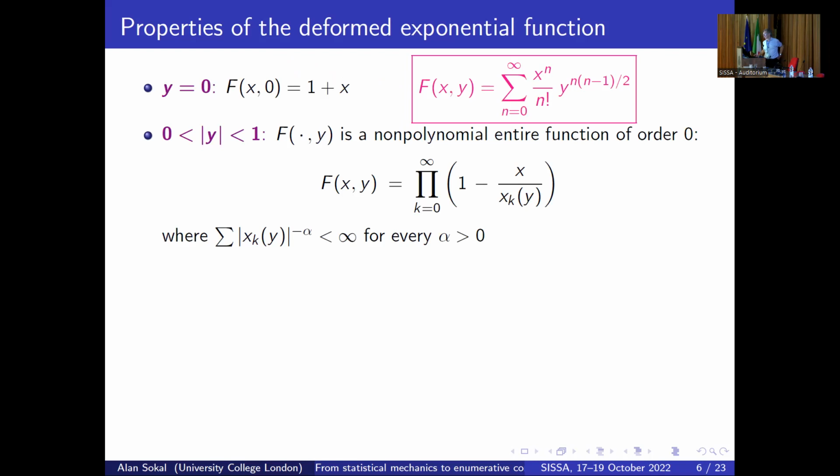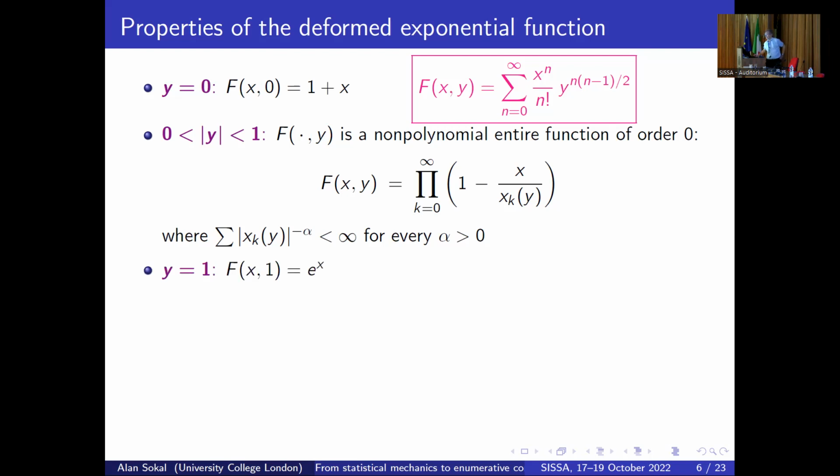It grows slower than e to the x to the alpha for any positive alpha. And it's a non-polynomial entire function. And then Hadamard tells you that it has a factorization of this kind. So it basically factors like a polynomial. A polynomial factors in terms of its roots. This factors in terms of its roots, except there are infinitely many roots rather than finitely many.